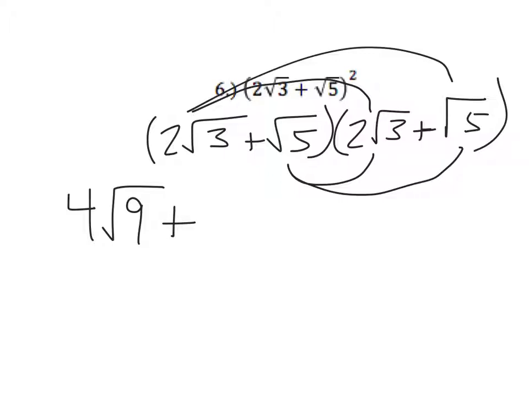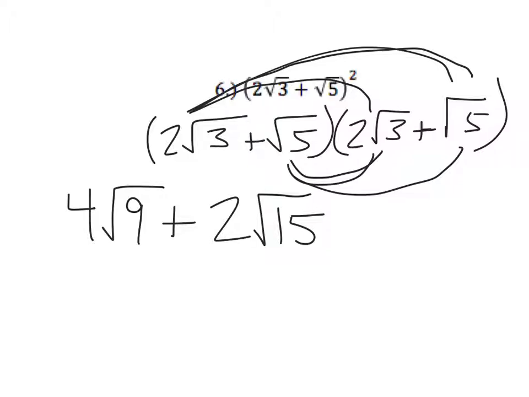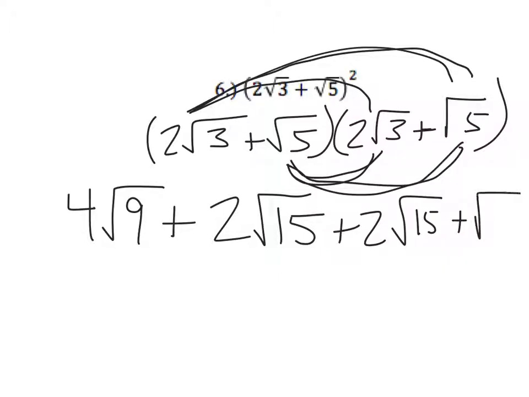Plus, we're going to do this outside one right here. So 2 times 1 is just 2 square root 15. Then this inside one right here, which would be positive 2 square root 15. And the last one, square root of 5 times the square root of 5 is positive square root of 25. Before we say we're all good and dandy, we have to see if we can simplify it even further or break any of these down.